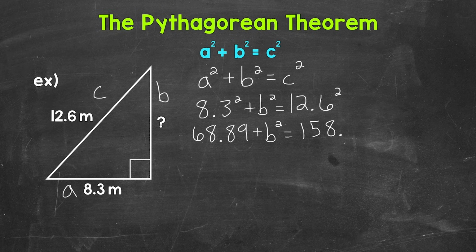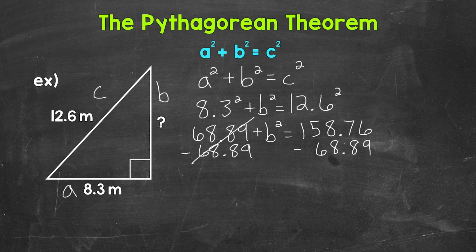158 and 76 hundredths. Our next step is to subtract 68 and 89 hundredths from the left side of the equation. And whatever we do to one side of the equation, we must do to the other. So subtract 68 and 89 hundredths from the right side as well.